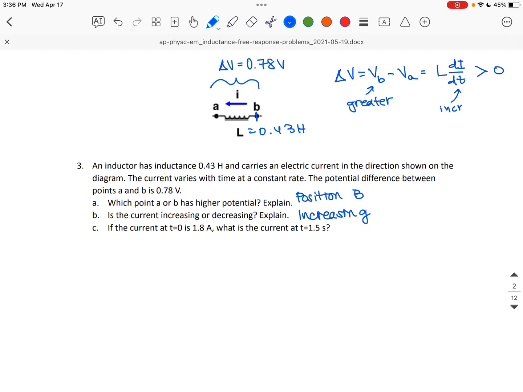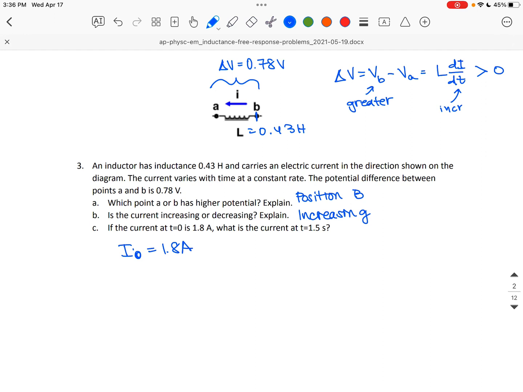It says the current at T0 is 1.8 amps. So I'm going to call it I naught, 1.8 amps. What is the current at 1.5 seconds?